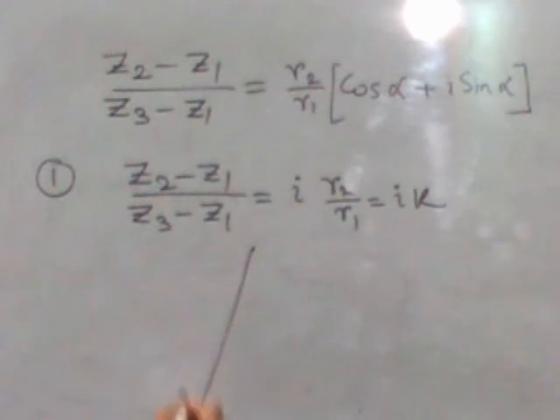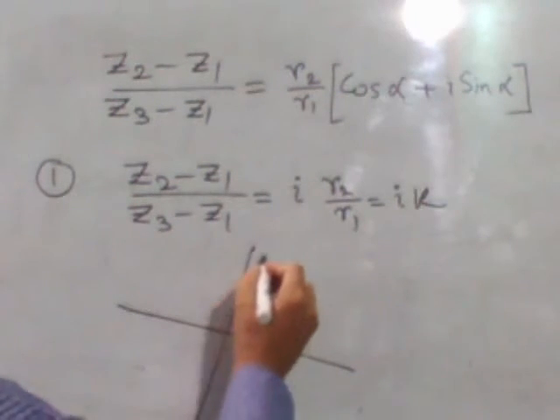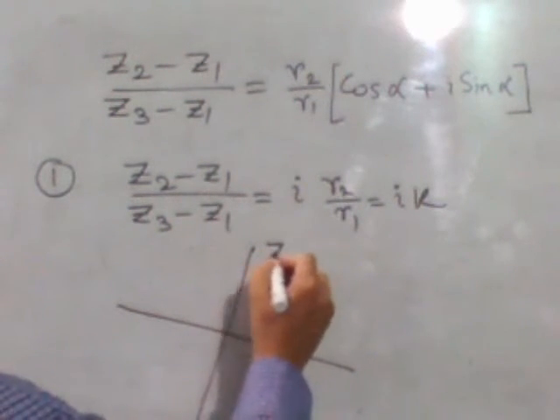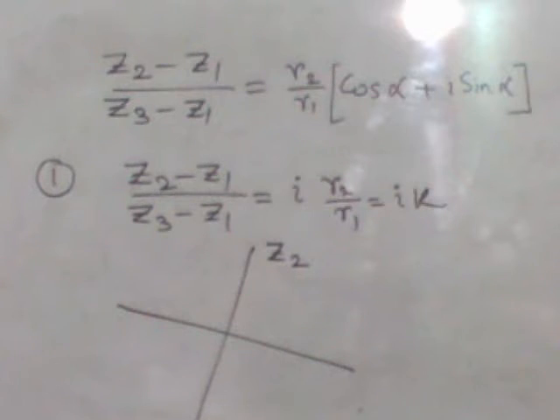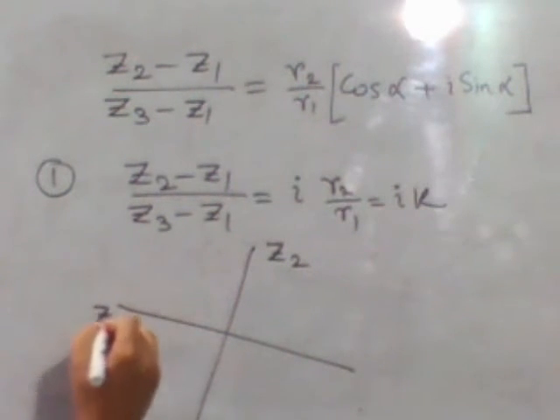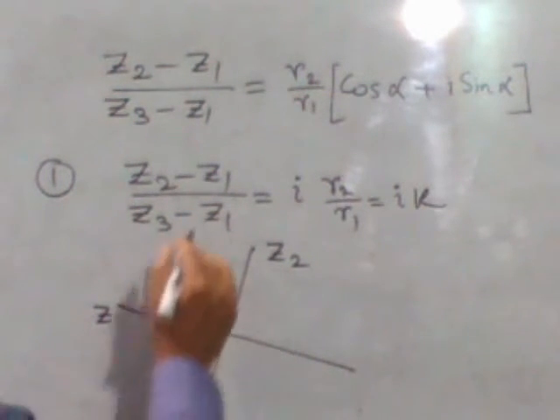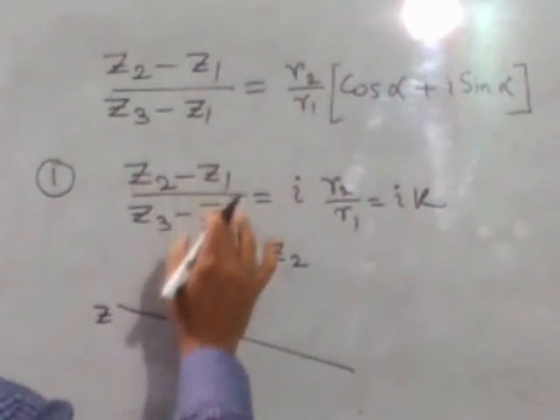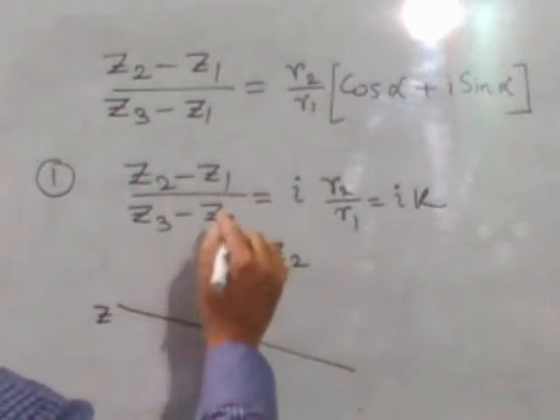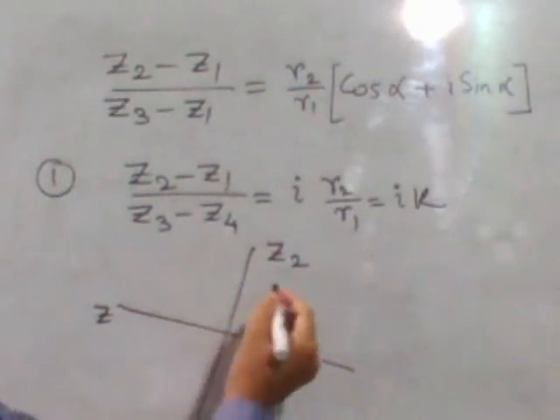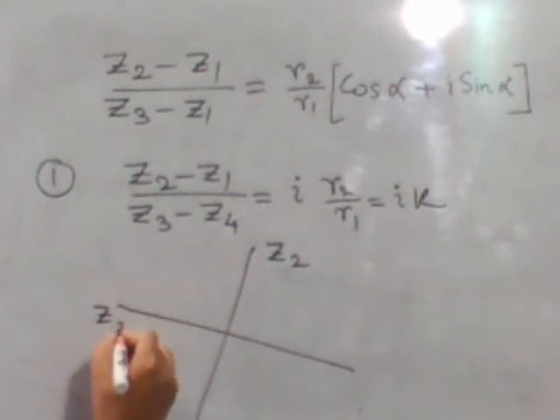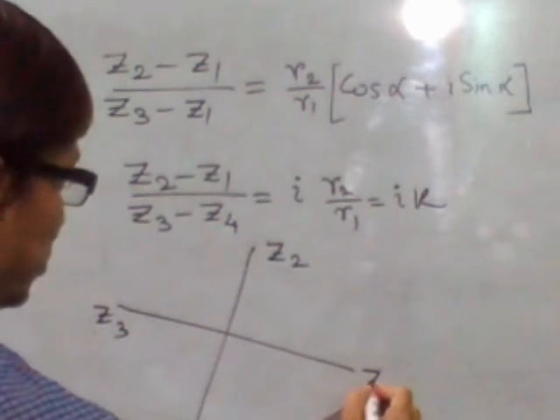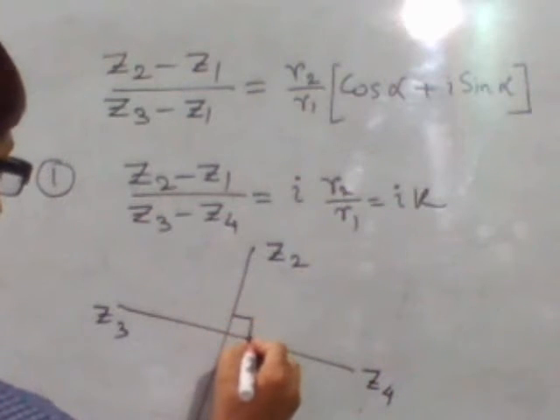It will be like this. Say this is Z2, this is Z1, this is Z3, this is Z4. So this angle will be 90 degrees.